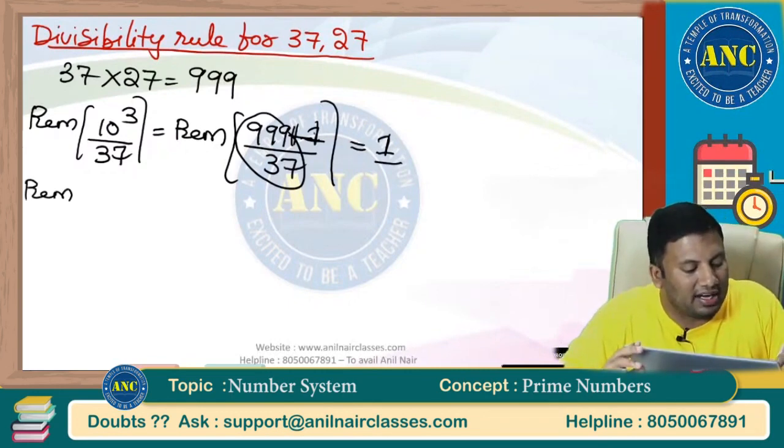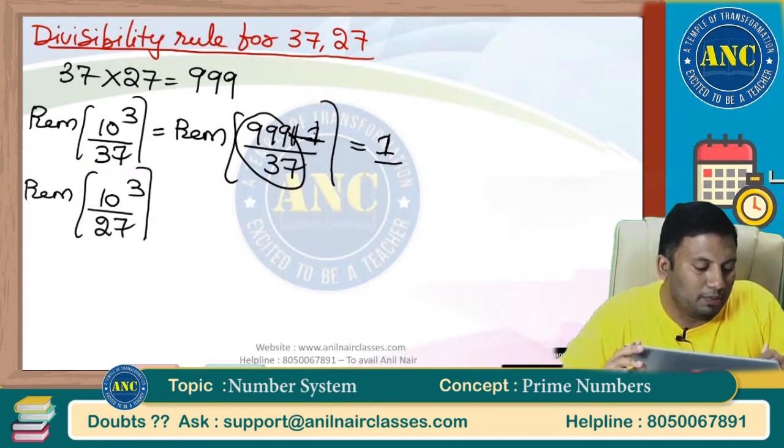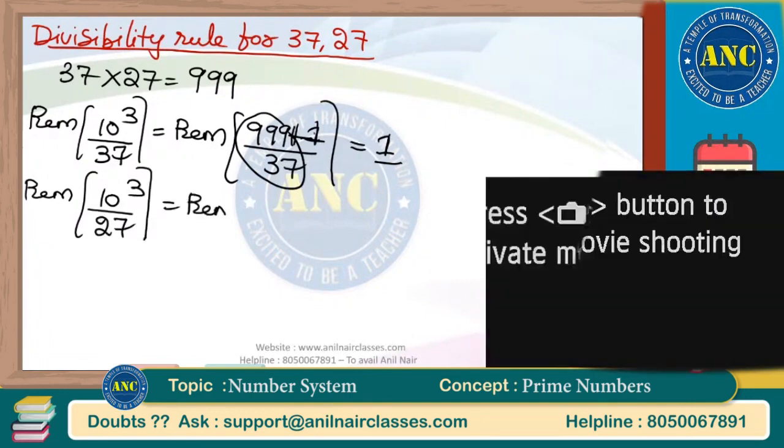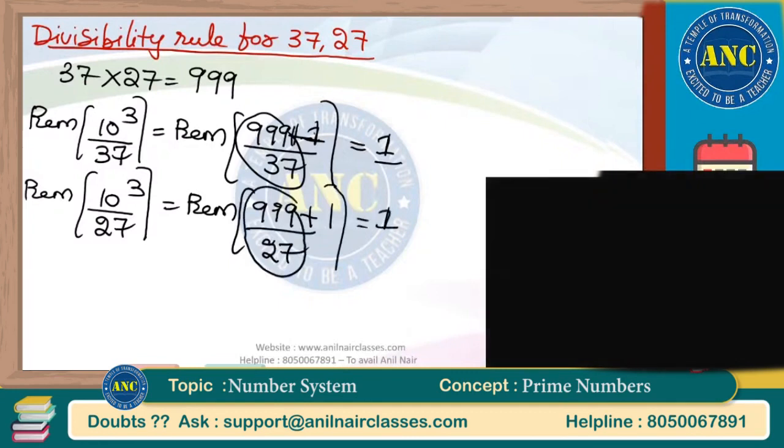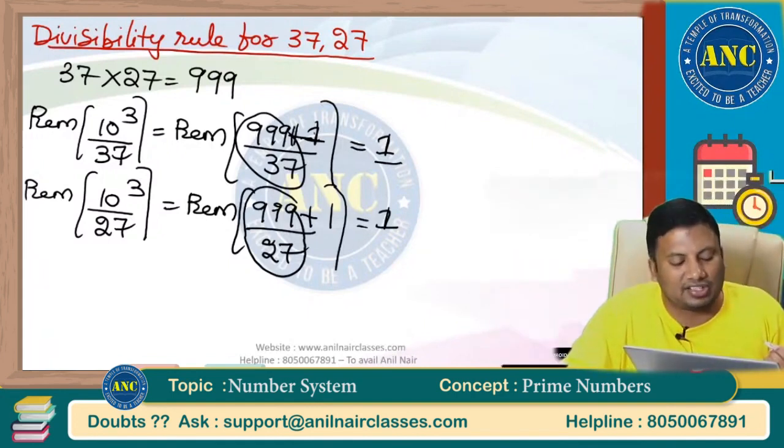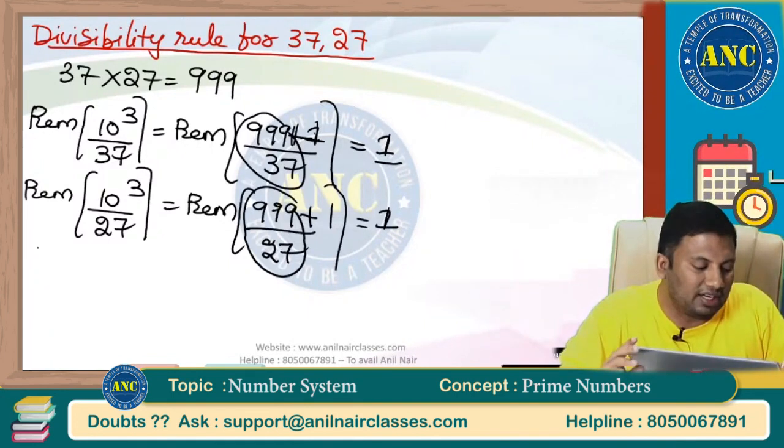Similarly, 10 cube divided by 27. 10 cube is 1000, so it is 999 plus 1 divided by 27. 999 is perfectly divisible. The answer is 1. So 10 square by 99 gives 1, and 10 cube by 37 gives 1.